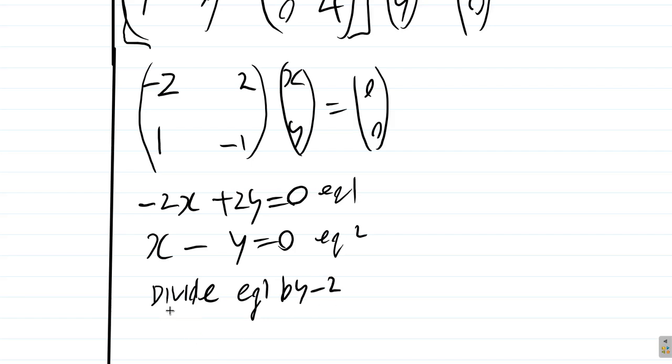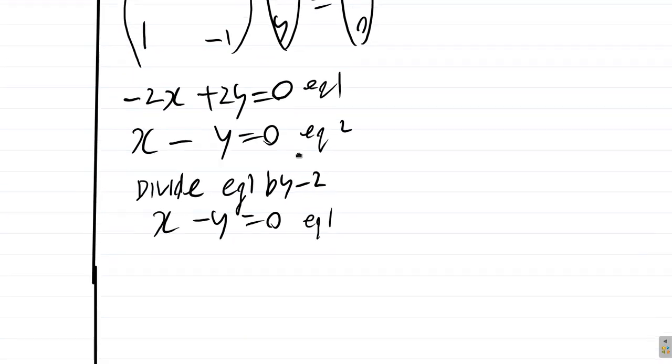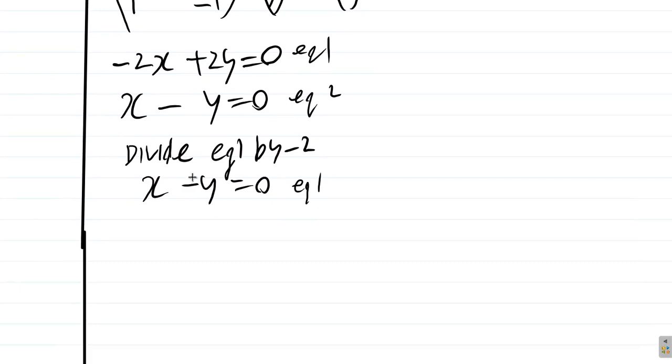We have negative 2x over negative 2 is x, 2y over negative 2 is minus y, equals 0. So we see that equation 1 and equation 2 amount to the same thing. Now when you equate them, x minus y equals 0, so therefore x equals y.